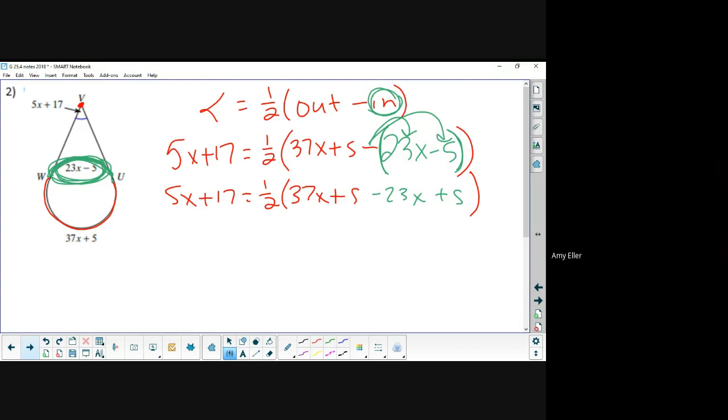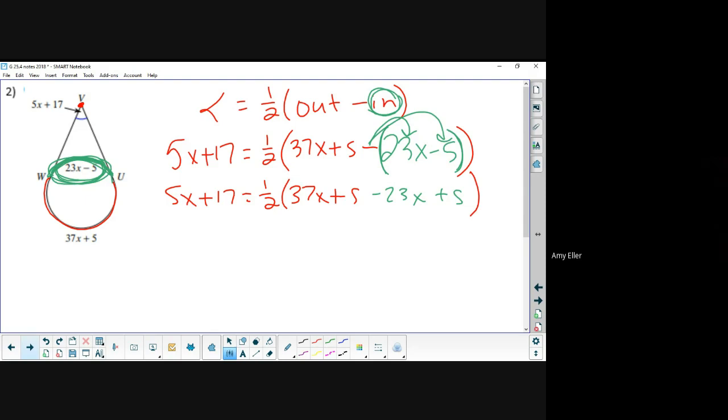Copy everything the same. I like to do one step at a time. So my step is I'm going to distribute that negative or subtract both of those parts. Questions so far?